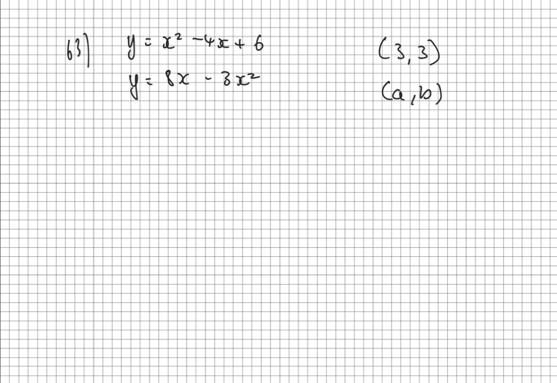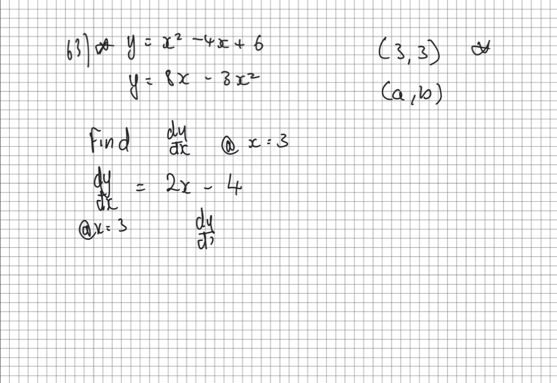So let's work out what the gradient is at x equals 3. So dy by dx will be 2x minus 4. So at x equals 3, the gradient is equal to 2 times 3 is 6, take away 4 is 2. So the gradient will also be 2 at the coordinate x equals a.